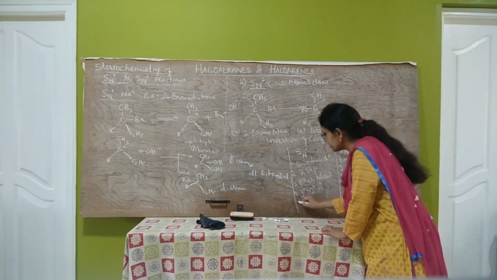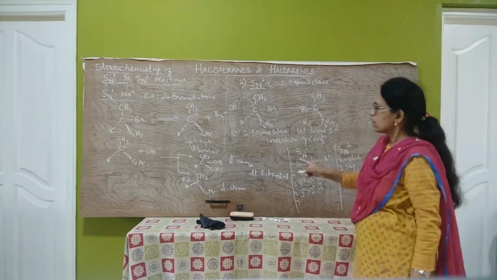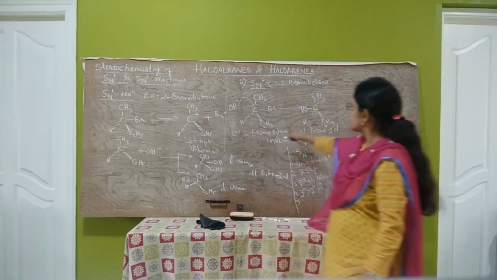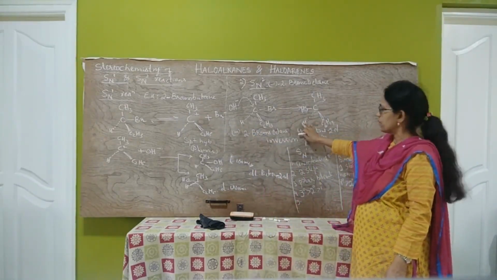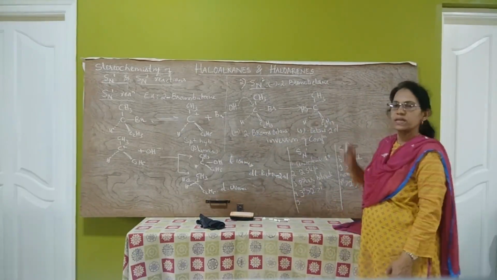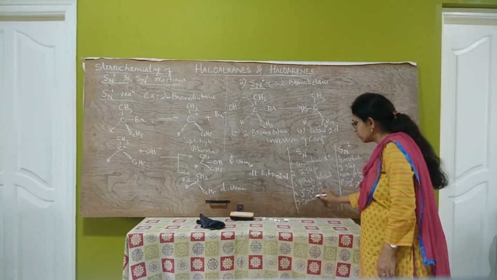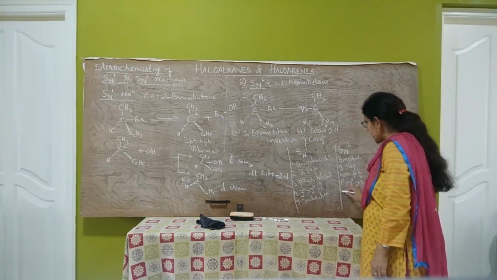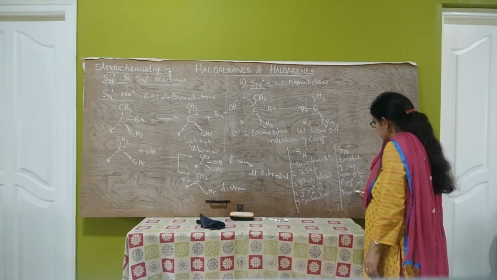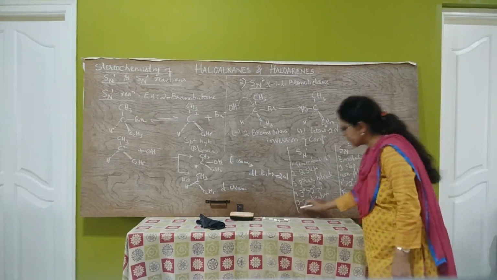The next difference is that here carbocation is formed during SN1 reaction, whereas here no carbocation is formed, but a transition state is formed in SN2 mechanism.